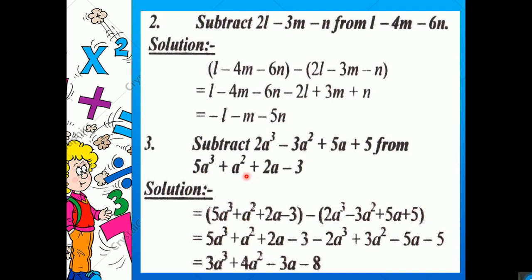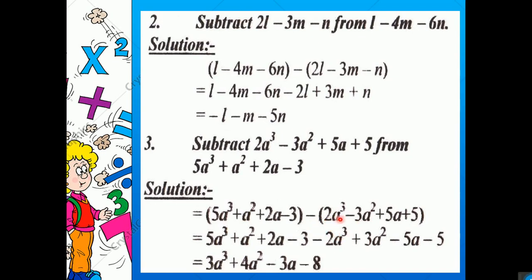So we will write this algebraic expression first and then put a minus sign and write this algebraic expression inside the bracket after this minus sign, because we want to subtract this algebraic expression. Now open their brackets. We will write all these terms as it is, and when we open these brackets, we will change the sign of each term.